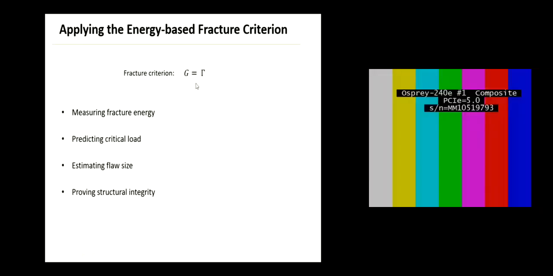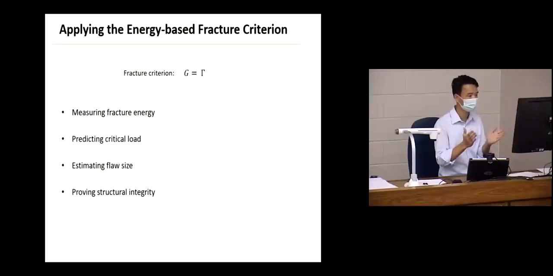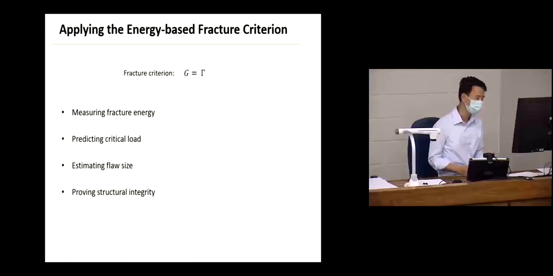Because you examine the flaw size, using either X-ray or micrographs, and you load it, and then you make sure that the fracture criterion is true, or that it's not breaking at what I expect it to break. That's good, and then you individually go through all these ceramic tiles, each of them, to prove that this is good to go.